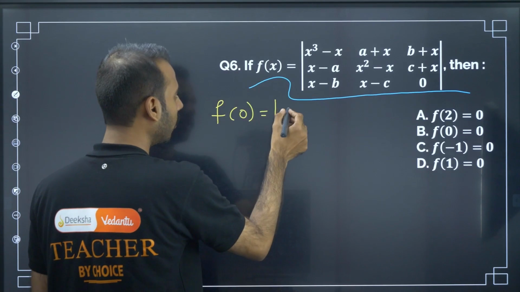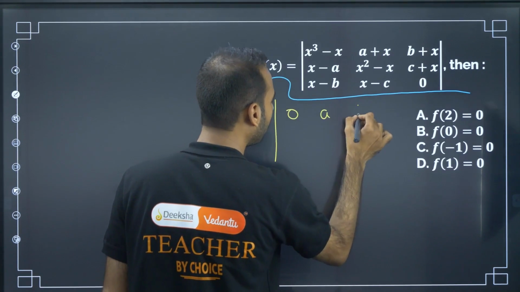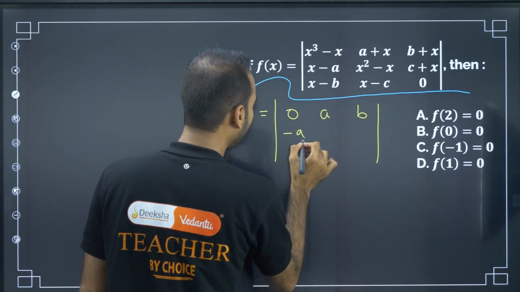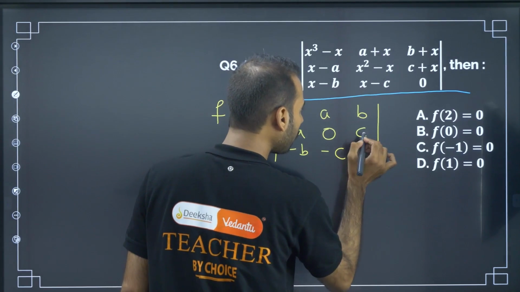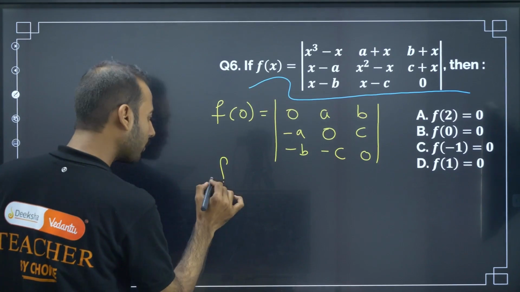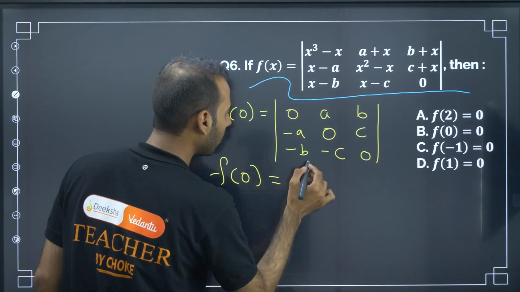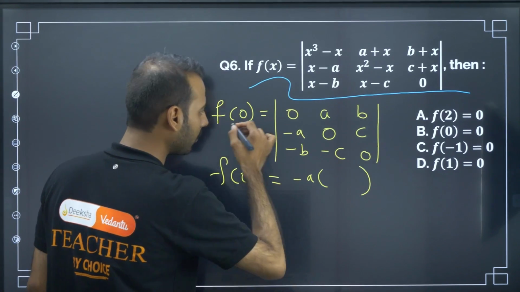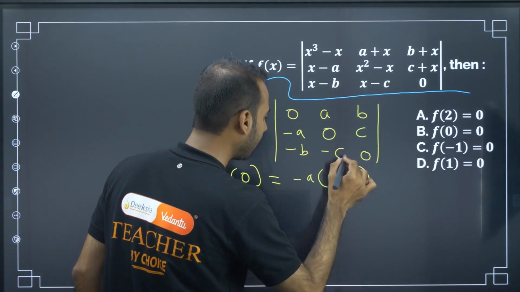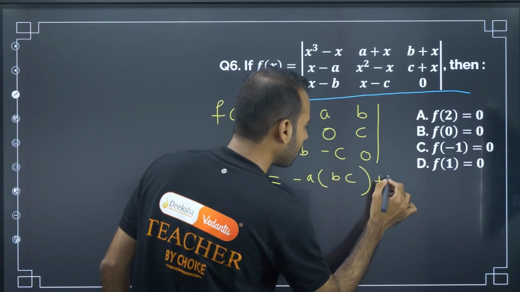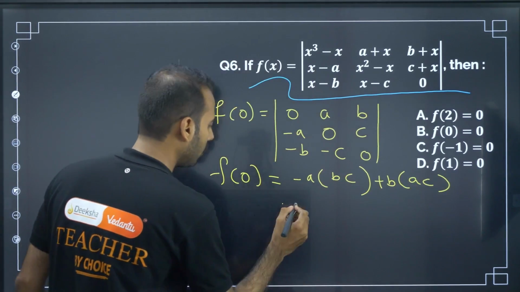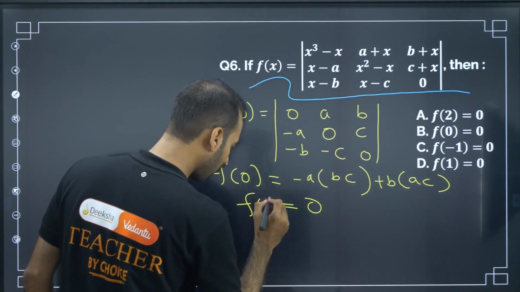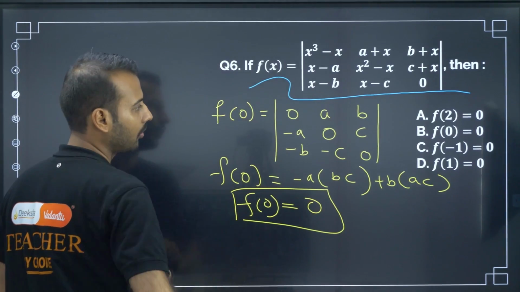So if I go for 0, a b minus a minus b 0 minus c 0. So f of 0 is equal to minus a b c plus a b c, which is equal to 0. So f of 0 is equal to 0.